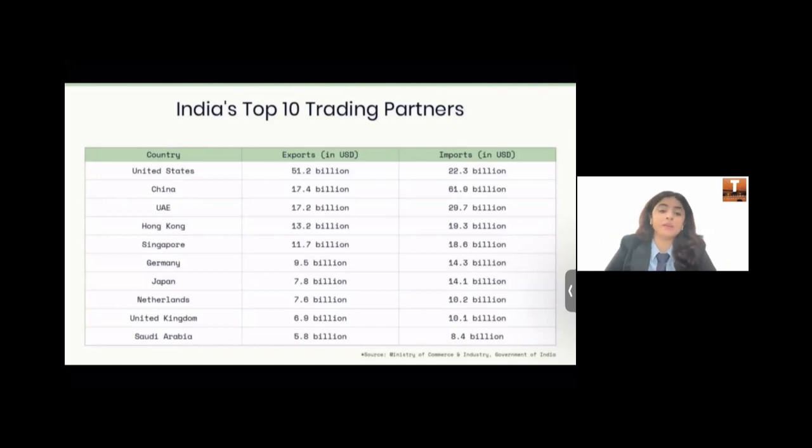Seventh is Japan, and India shares a very cordial relation with Japan. India's trade relationship with Japan has witnessed very substantial growth in recent years. It works on sectors like automobiles, electronic goods, machinery, and chemicals.